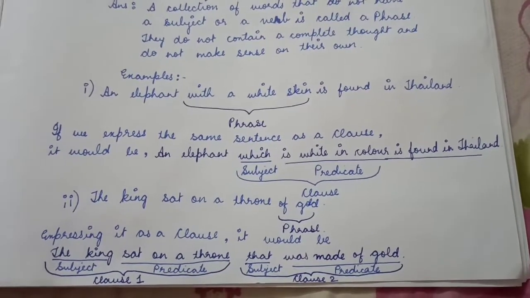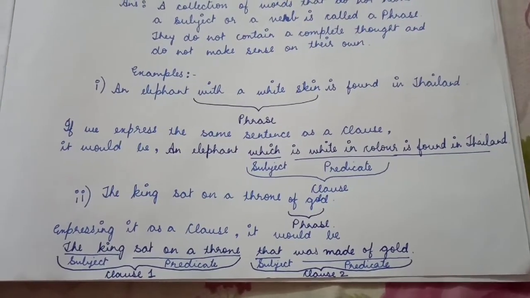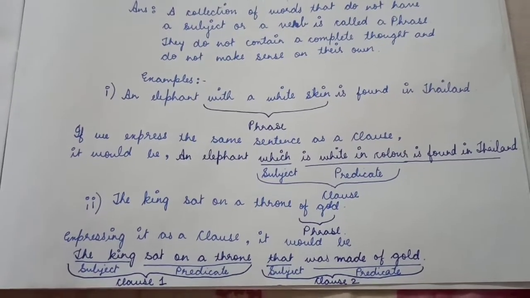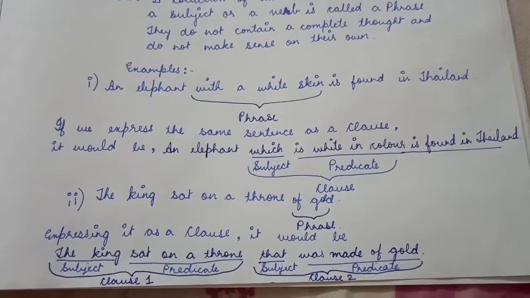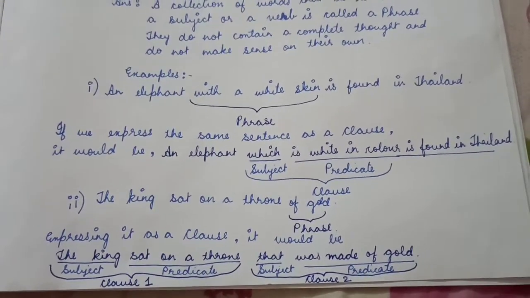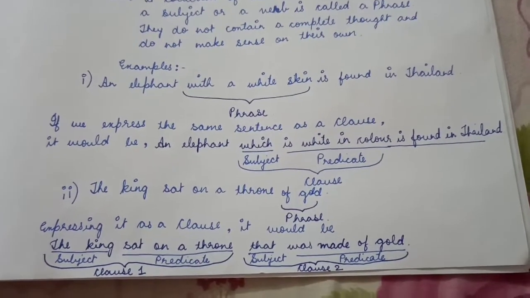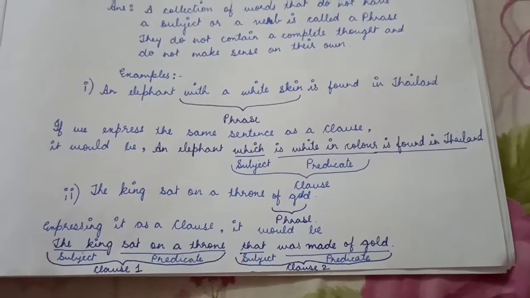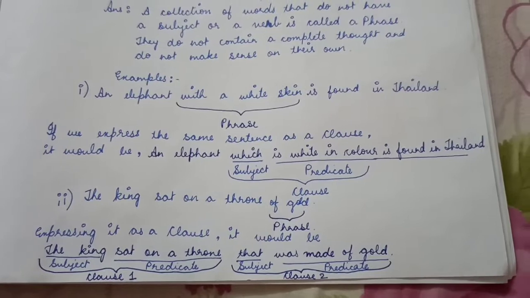Now, in this sentence, we have a clause which is white in color is found in Thailand. In this clause, we have a subject that is which, because which refers to the elephant, and also a predicate that is white in color is found in Thailand. In this sentence, we also have a verb that is.